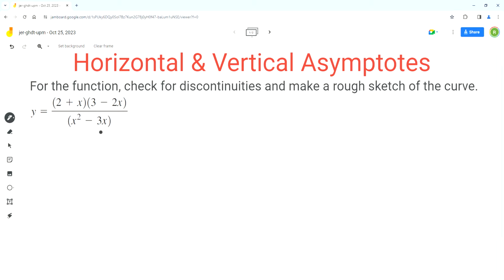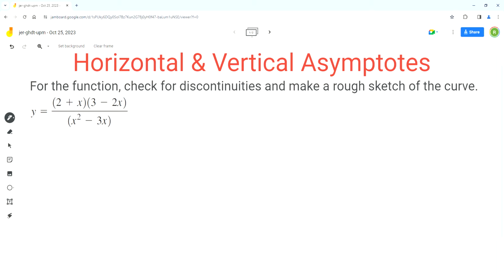As you can see, this is a rational function. And a rational function has discontinuities in the form of a hole or vertical asymptote. So the first step we should do is to factor this rational function as much as possible.